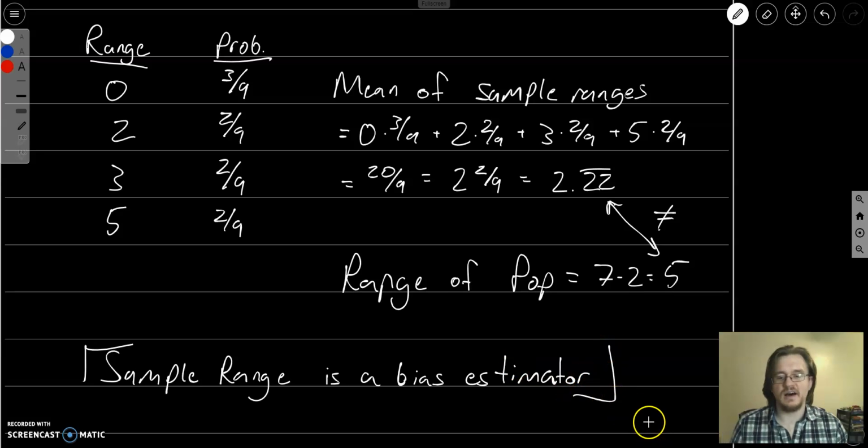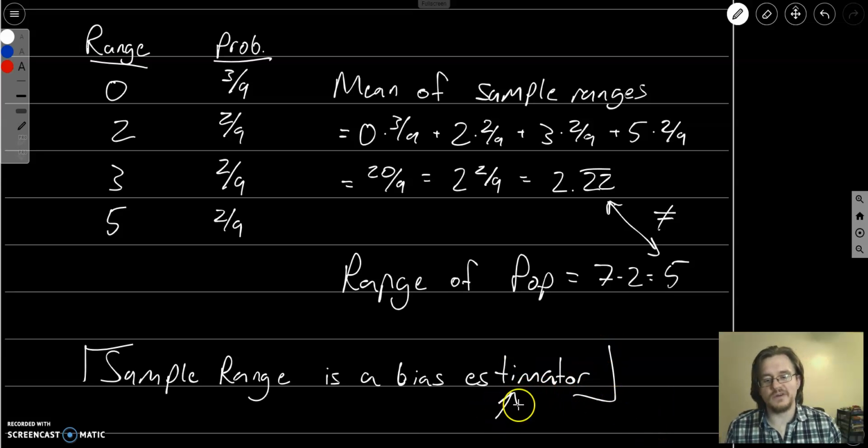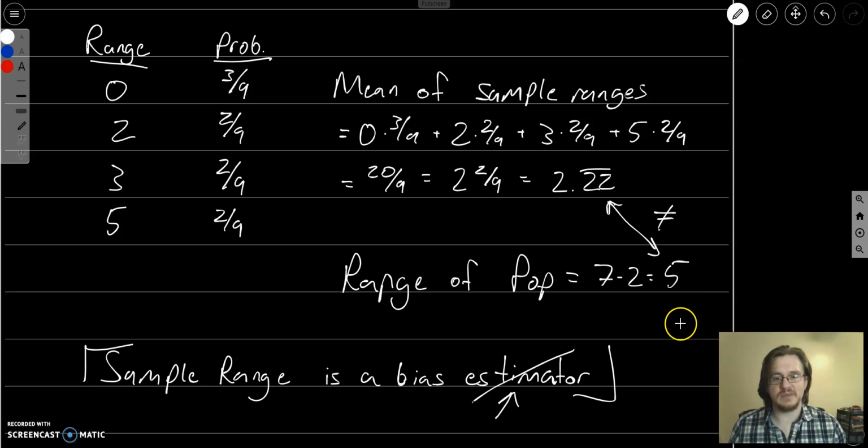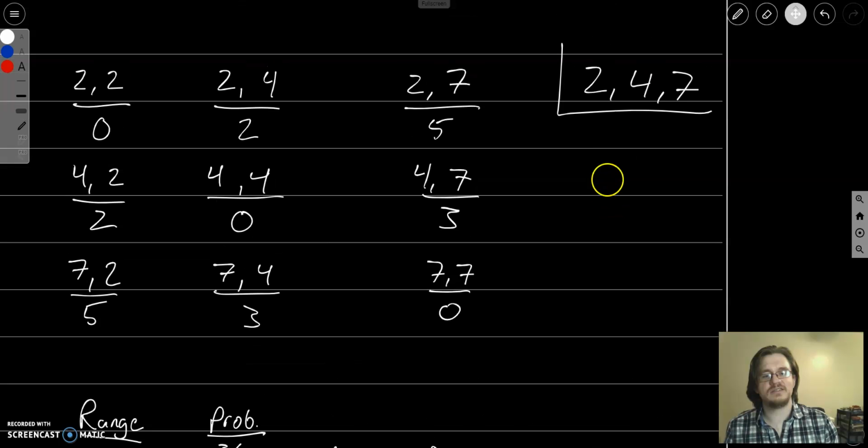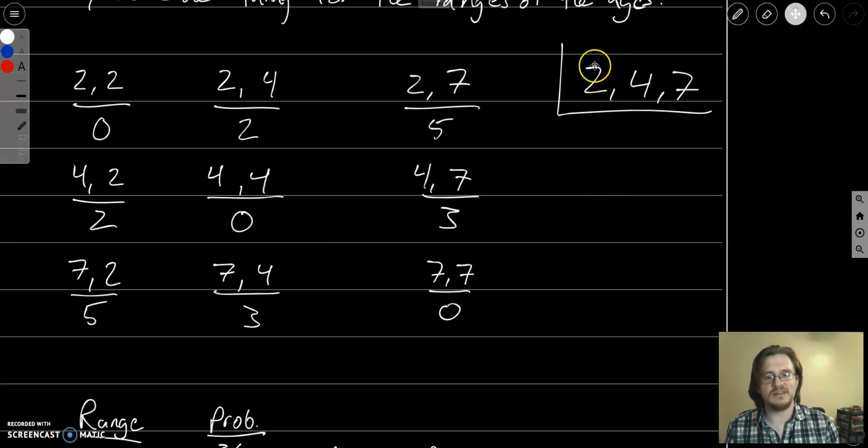And in fact, I would even go so far as to say I wouldn't use the sample range to estimate the range of the population. Again, the range in the population is the difference between the most extreme values. Well, what's the likelihood that your sample contains both the highest value and the lowest value in the entire population? That's pretty unlikely.